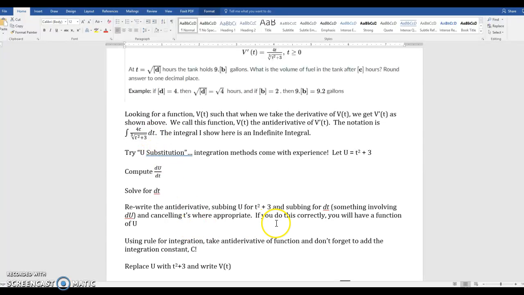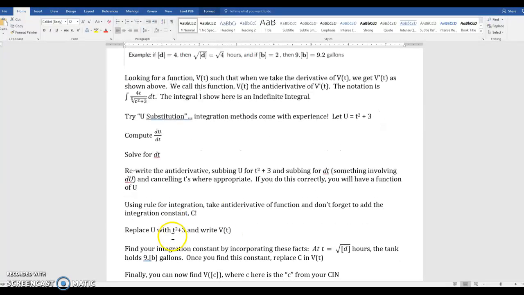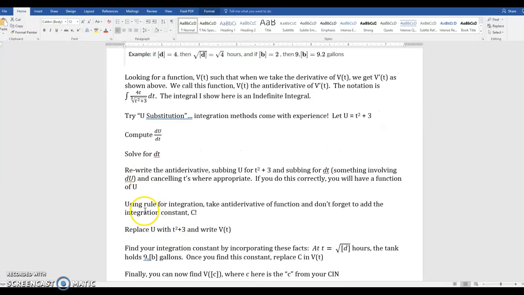And I note here, if you do this correctly, you will have a function of u. So once you have computed du over dt, solved for dt, and set up the antiderivative with u equals, this now becomes an expression completely in u as the variable.